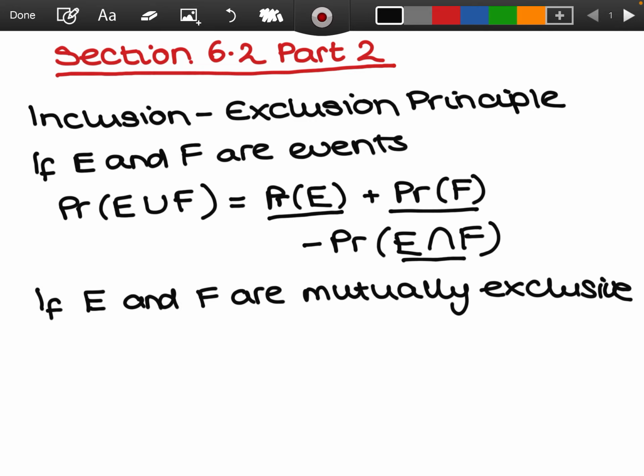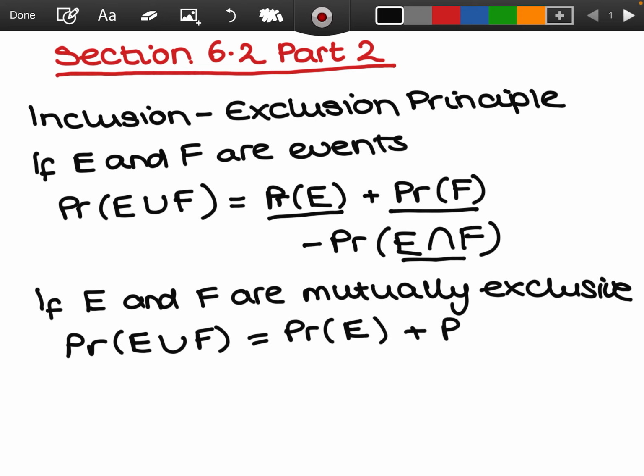It's an impossible event. So because the probability of E intersect F in this case would equal 0, then I can actually reduce this inclusion-exclusion principle down to say that the probability of E union F is just the probability of E plus the probability of F. But that only counts when E and F are mutually exclusive and have no outcomes in common.